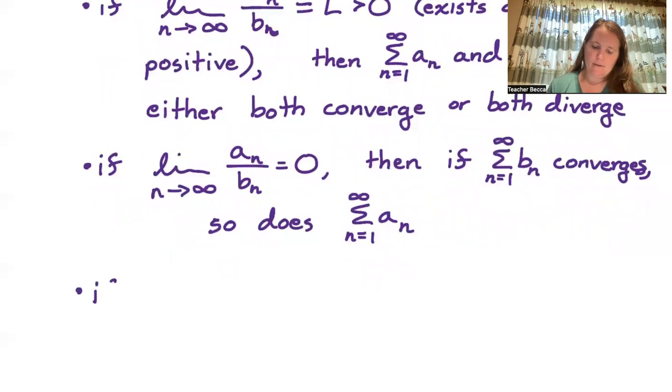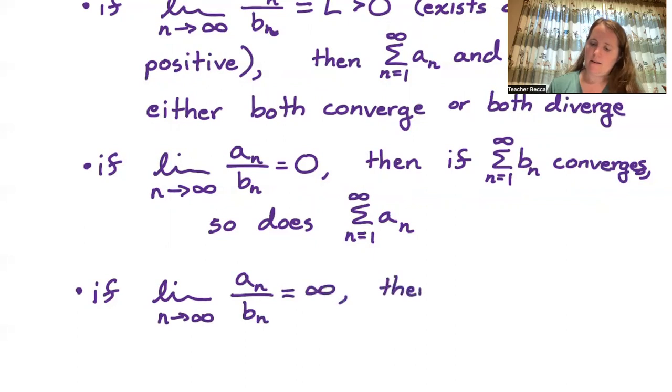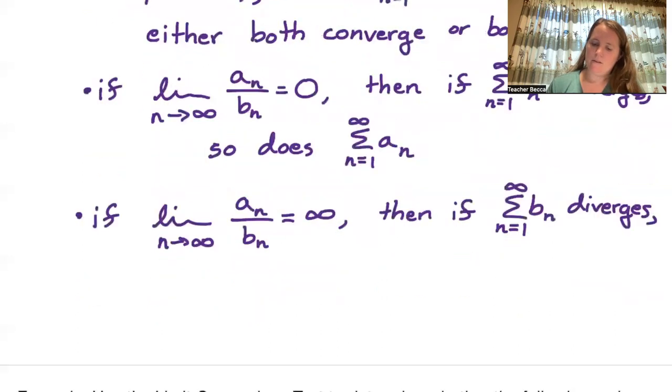And if the limit as n goes to infinity of a sub n over b sub n is infinite, then if the sum from n equals 1 to infinity of b sub n diverges, so does the sum from n equals 1 to infinity of a sub n.